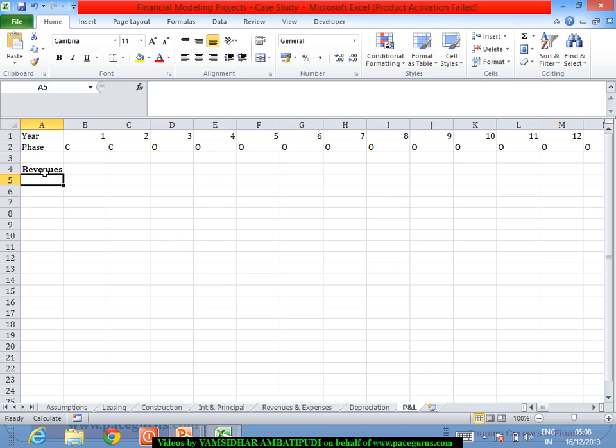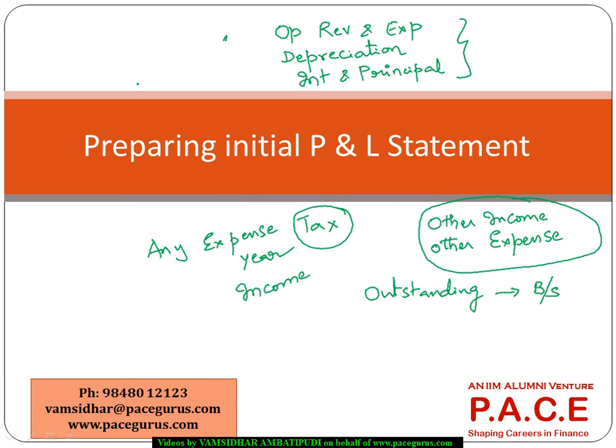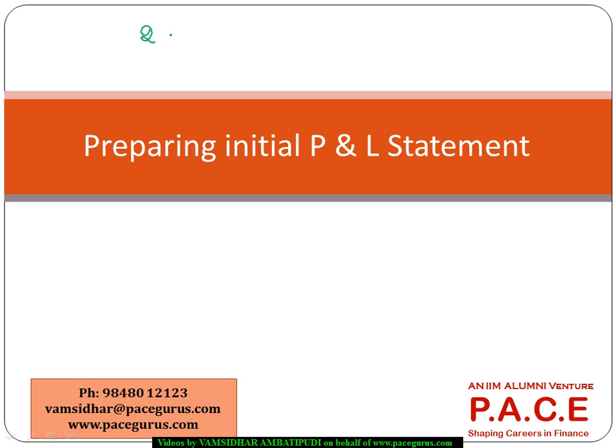We have two categories: operating revenues, or revenues from operations, and what I also call other income. Where does this other income come from? I have two sources for other income as a part of this particular solution.